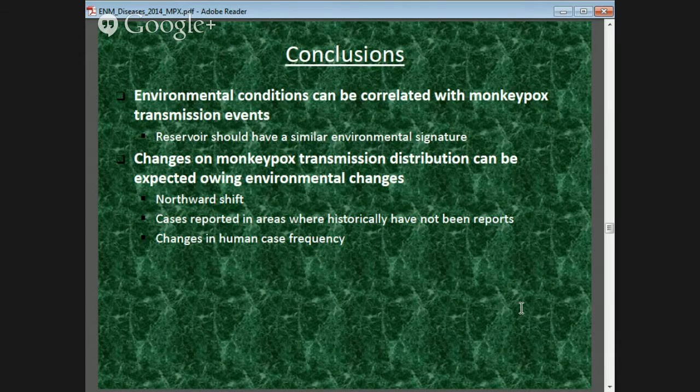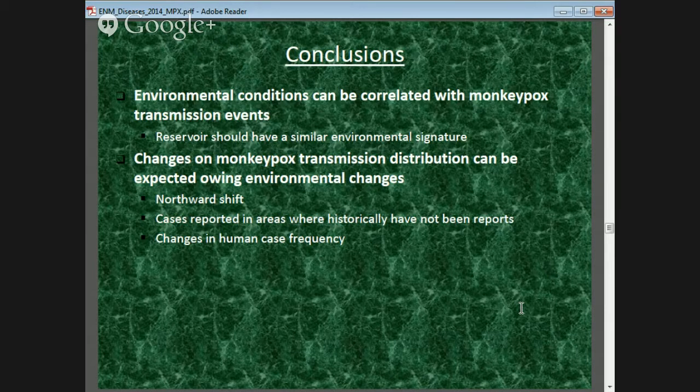We saw that there might be some expansion of the distribution of these suitable areas into northern DRC, or southern Central African Republic, and that could also be contributing to more cases of monkeypox that are being reported now.